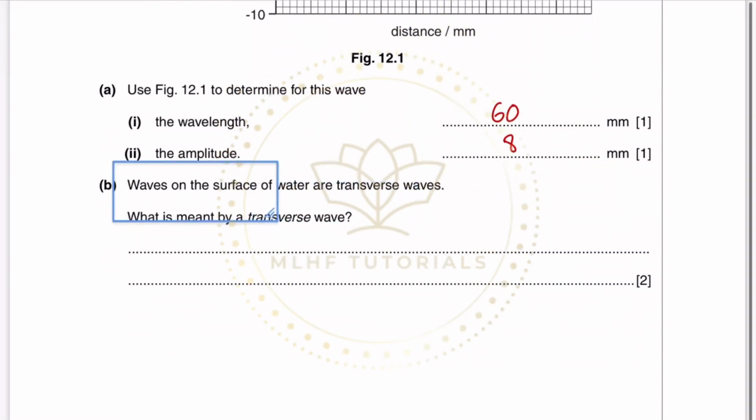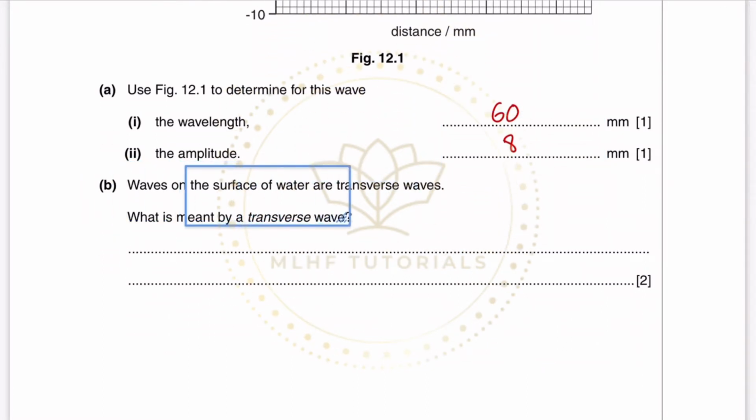Okay, next, part B. Waves on the surface of the water are transverse waves. What is meant by a transverse wave? Okay, this is a factual question.